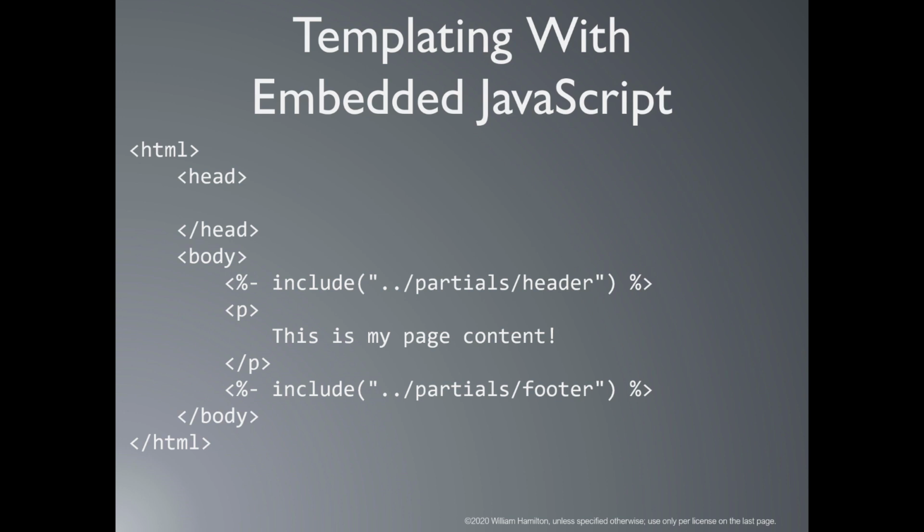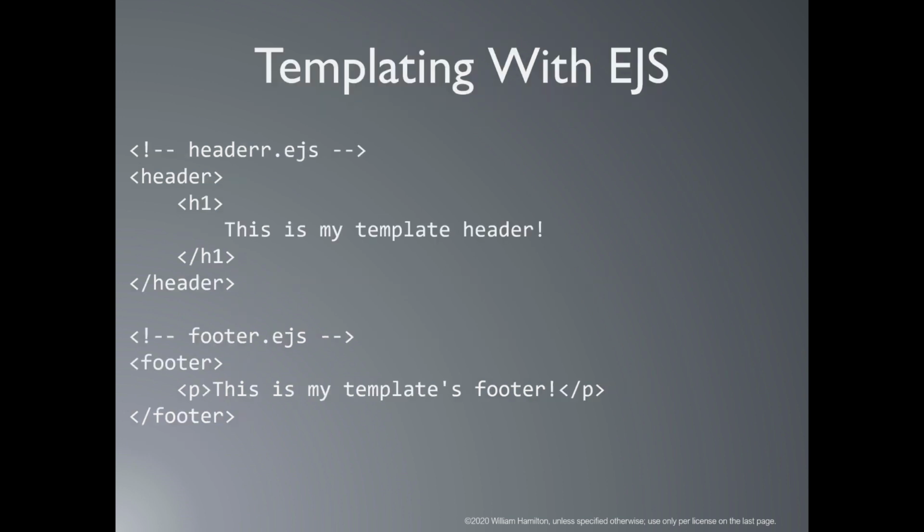I have an example that I'll bring up, but what you would have in those other files would be something that looks like this. You would have header code, so this is my template header or whatever kind of code you want in there, and you would have footer code. You could stick that in there, and it would get stuck into all of your different files and look the same.